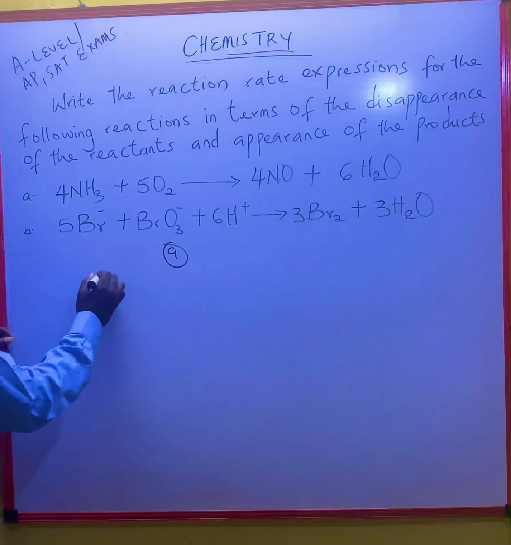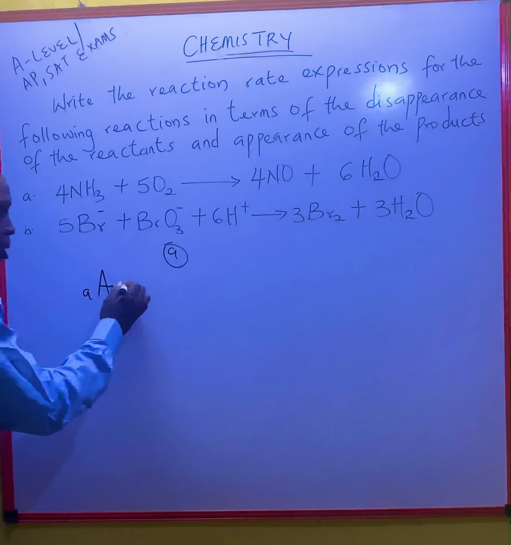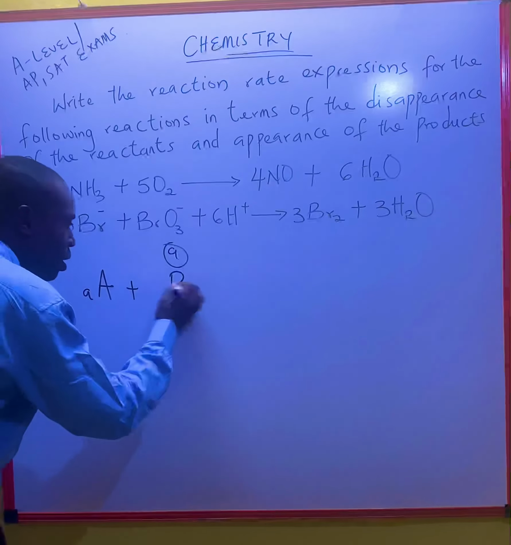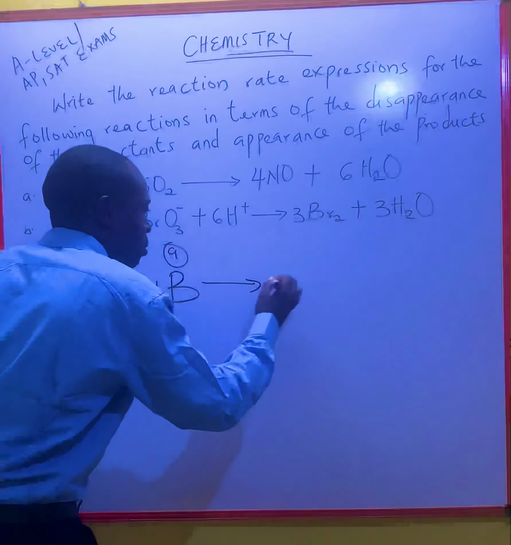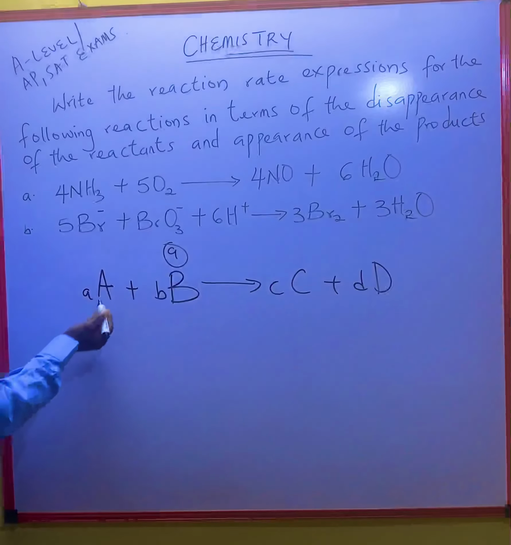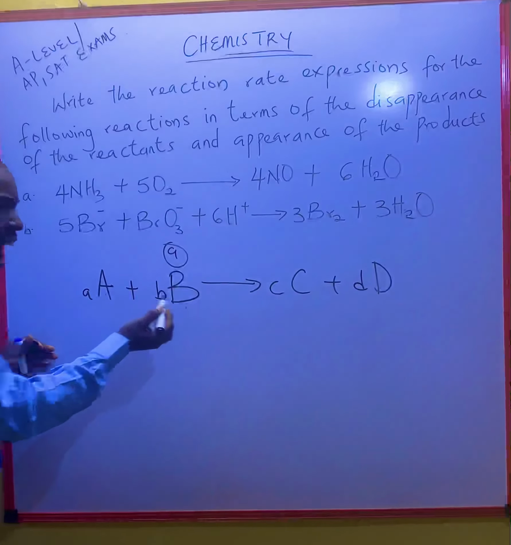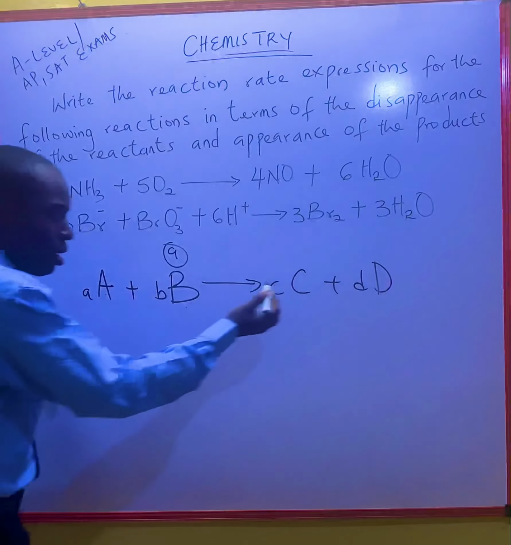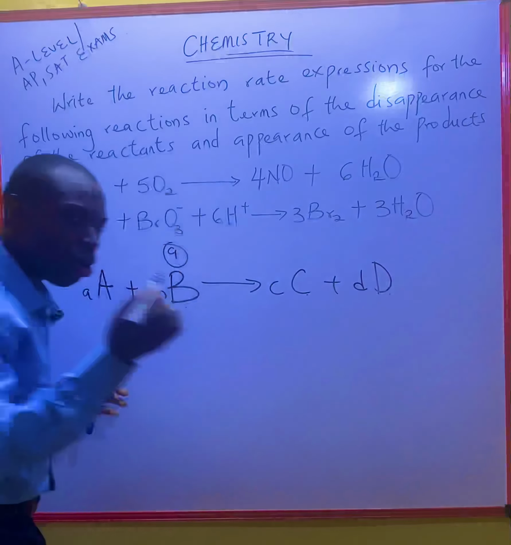For example, I'm giving aA plus bB giving cC plus dD. Now take note, A and B are the reactants. C and D are the products.